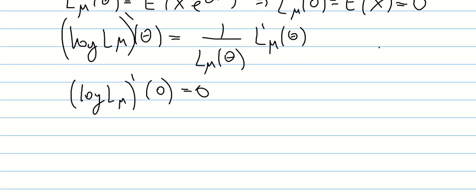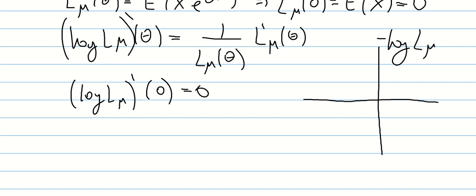So when we recall what this function looks like, especially the minus log, let's draw here minus log of L mu of theta. We know that this is now a concave function. Minus something that's convex becomes concave.